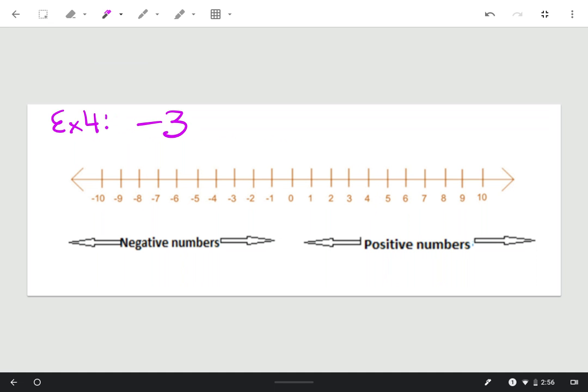So I'm going to subtract 5: start with negative 3, subtract 5. We could put parentheses around this negative 3 if you want, but we know we're starting at negative 3 and we're subtracting 5, so we're going in this direction again. 1, 2, 3, 4, 5. There's my answer, and so my answer is negative 8.